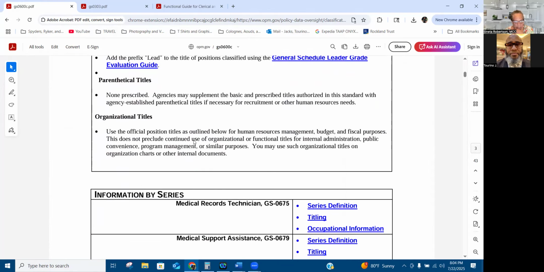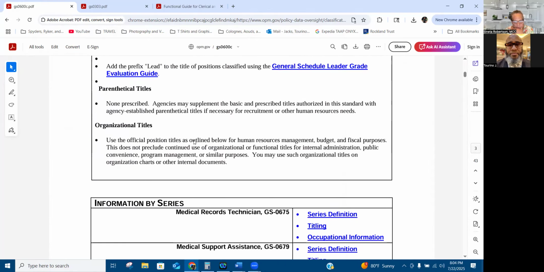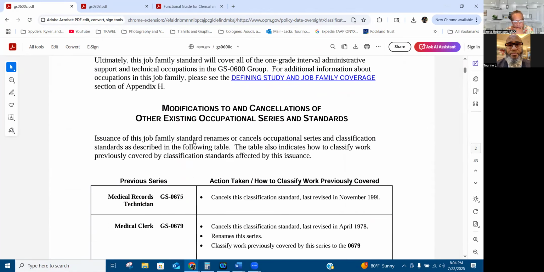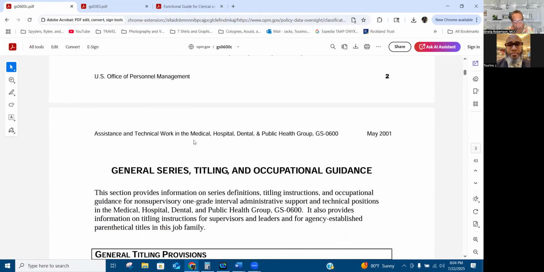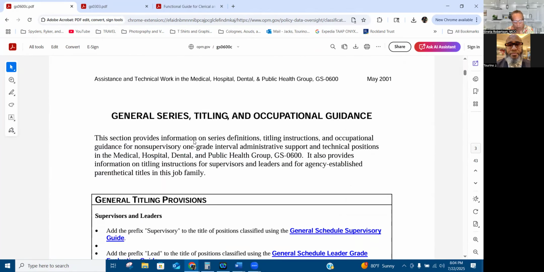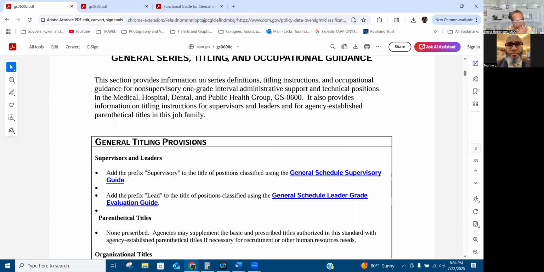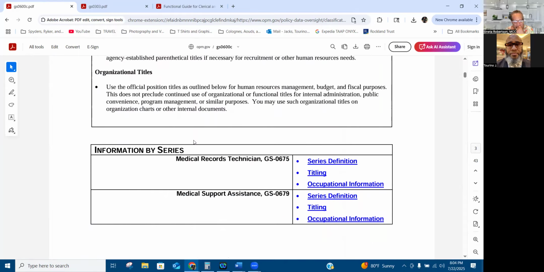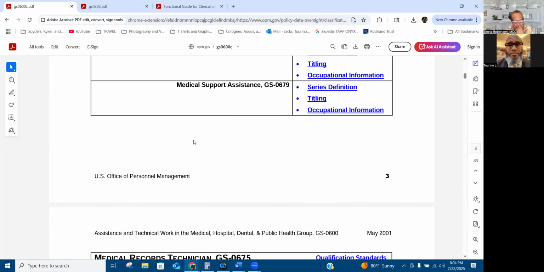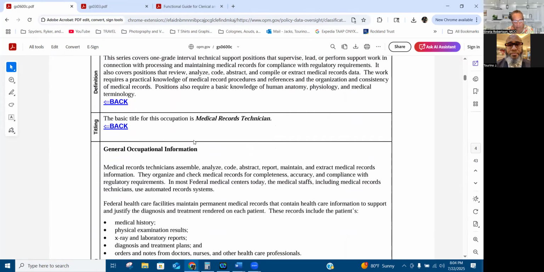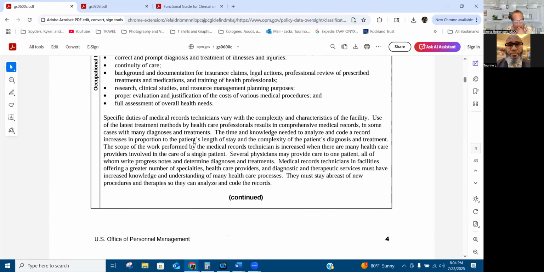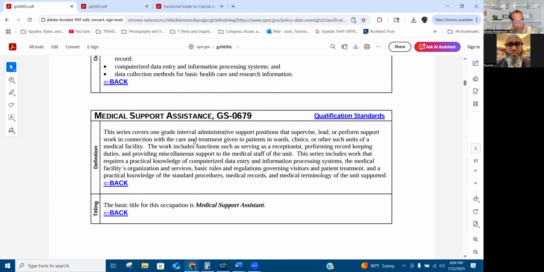That's giving you the titling information. Keep going down. It'll take you to it. And see, there it is. General. Keep going up. And that's 675, occupational information for that one. And then the next one will come up.